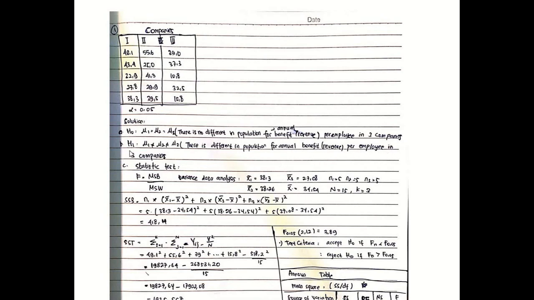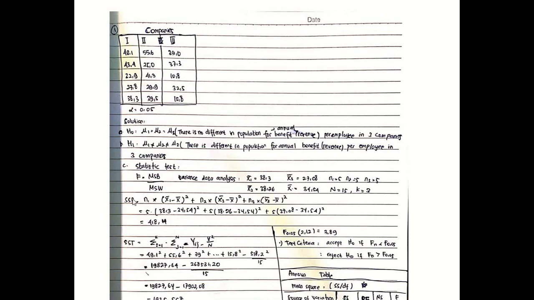H1: mu1 is not equal to mu2 is not equal to mu3, or there is a difference in population annual profit per employee in the 3 companies. The third step is to write the test statistic.